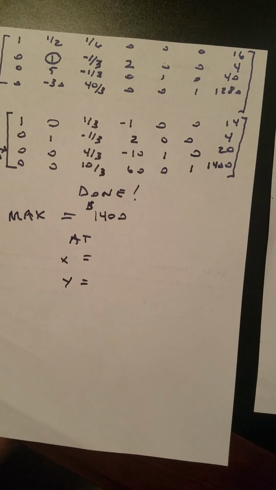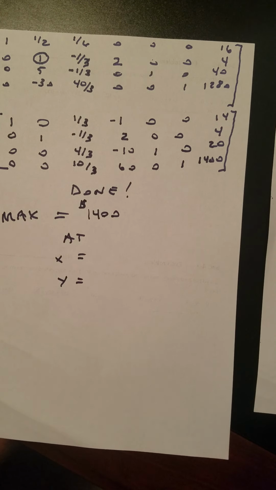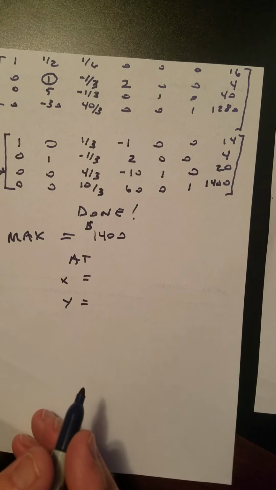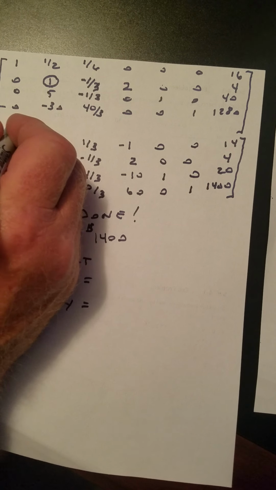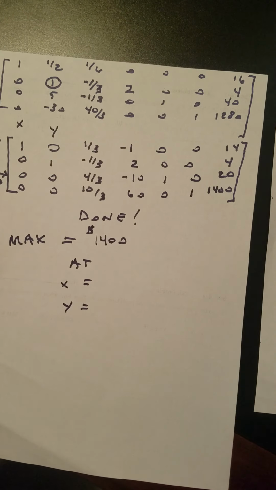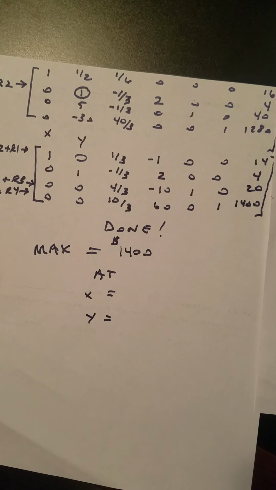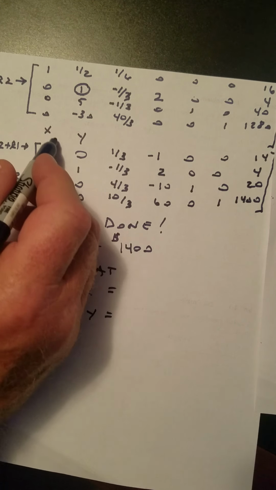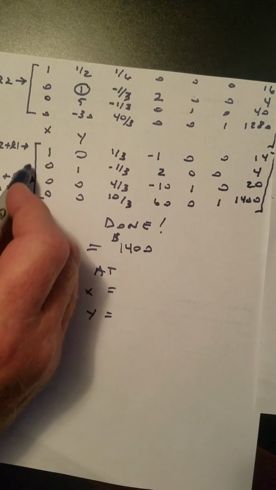Okay, now this is a little tricky. On this, the problem I got here, it's going to work out okay. But remember earlier, I was kind of labeling columns, and that was the X column, and that was the Y column. So when you look at the X column, this is what you call a unit column.